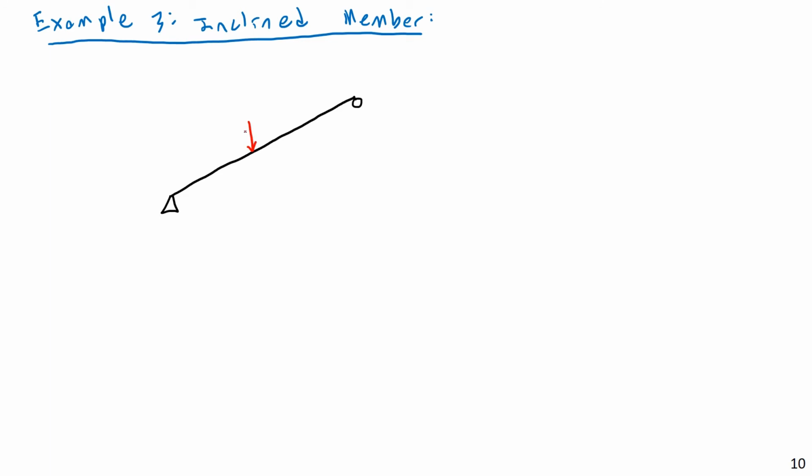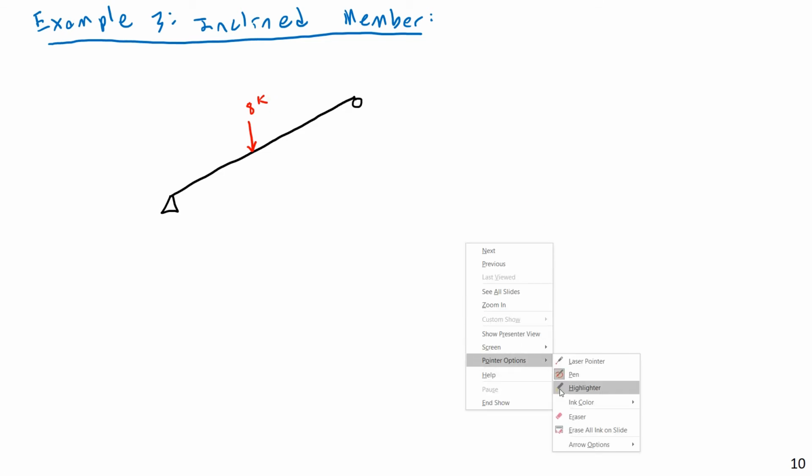We could have a case where you have both a distributed load and an inclined member, but here I'll just say there's just an inclined member with a single point load applied somewhere. So let's say this is a 5 kip load, and actually, I think I'm going to make this a 3, 4, 5, so maybe I'll make this be an 8 kip load.